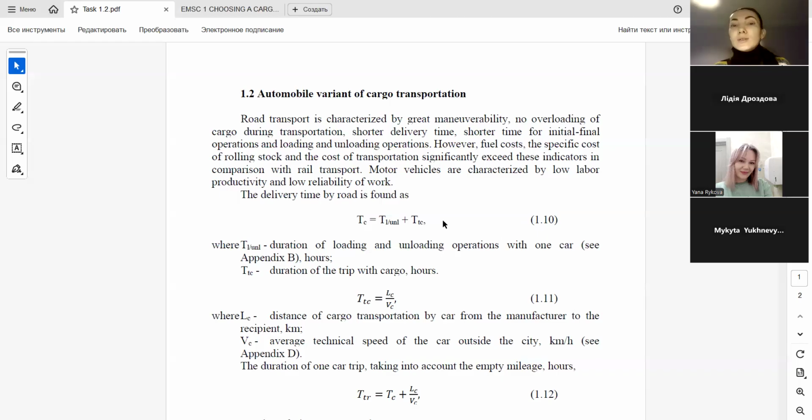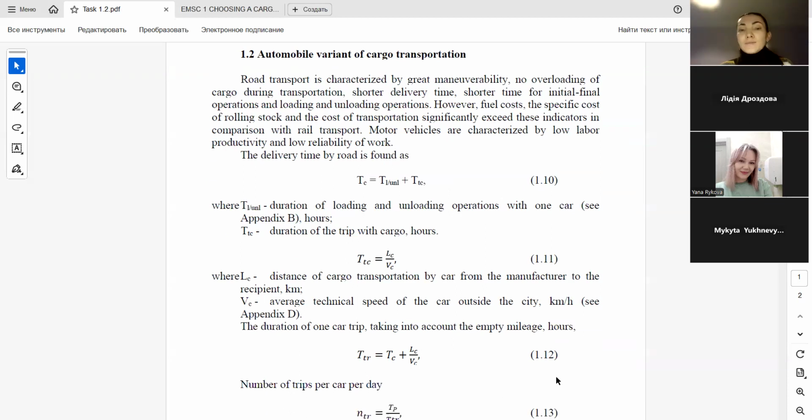And our next formula for calculation, it is formula 1.12.